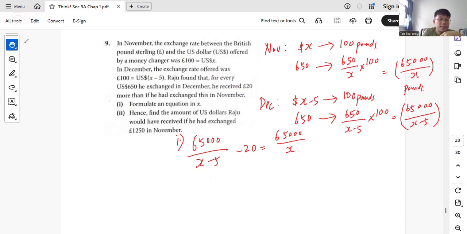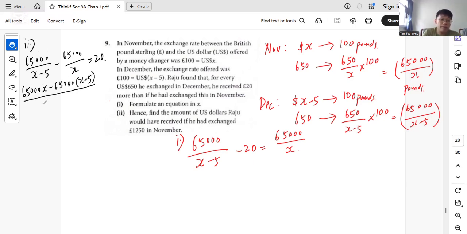So for part two, I will shift the equation slightly to become this. Then I will make the denominator the same, and then combine them together to become like this.